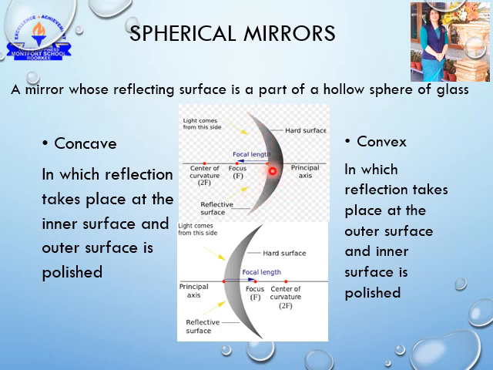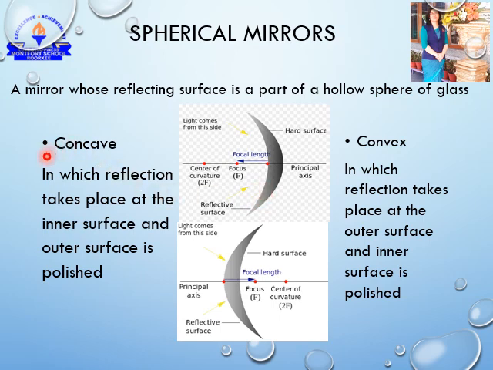So a concave mirror is a mirror in which the reflection takes place at the inner surface and the outer surface is polished. So when the rays are incident on the inner surface of this mirror, these rays will be reflected or bounced back from the inner surface. So this type of mirror is known as a concave mirror.